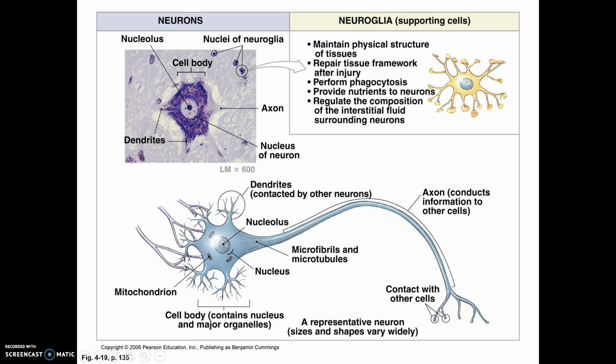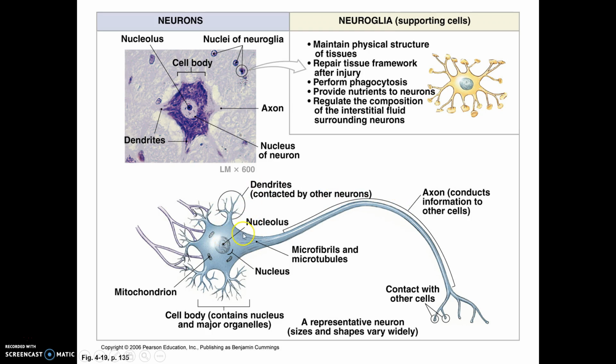So these are the very active portions of our nervous system. In this case, this is an example called a motor neuron, but there are different types of neurons, and they're very active, receiving and sending information.